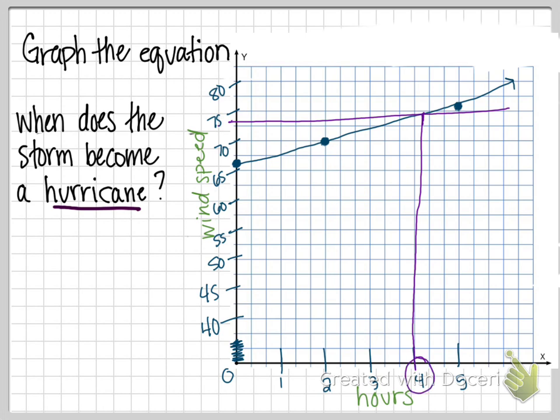It gets to 74 miles per hour at right around 4 hours after entering the Gulf of Mexico. Okay, so that's how we can use a linear function for a real life application. We know that this storm is being modeled by this particular set of data. So we can use that to predict, well, after 4 hours, it's going to be a hurricane. All right, that's it for this lesson.